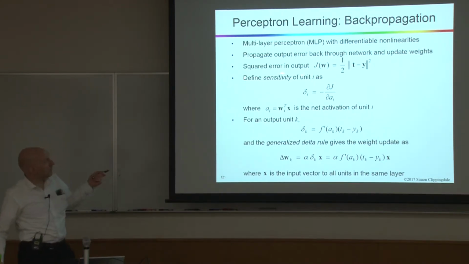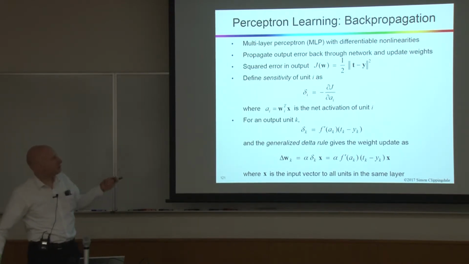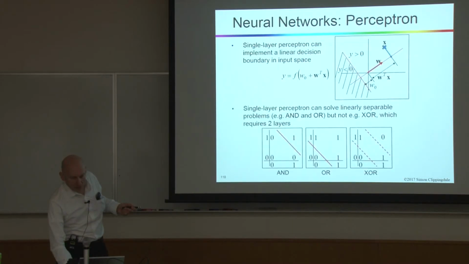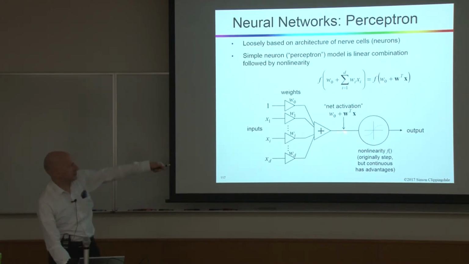Then for the ith unit, we can define this thing called sensitivity, and there's a reason for using the delta symbol that you'll see. Sensitivity is how that error at the output changes with the activation of the ith unit. The activation, you may remember, was the signal at this point here.